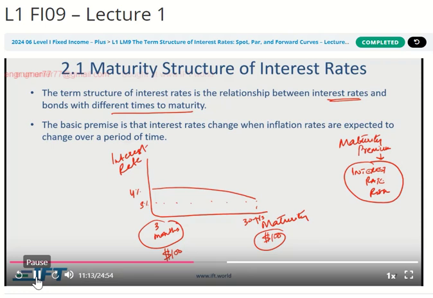If the interest rates are expected to go up, then everybody who's locking their money for a longer period of time will want that risk to be covered, right? If interest rates were expected to go to 5%, then from now only I will want you to pay 5% on that longer term bond. But if interest rates are expected to come down, then it's a completely different story.